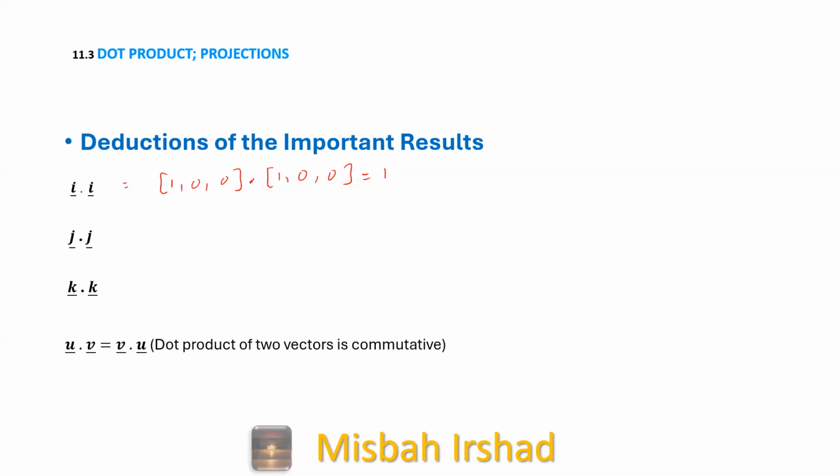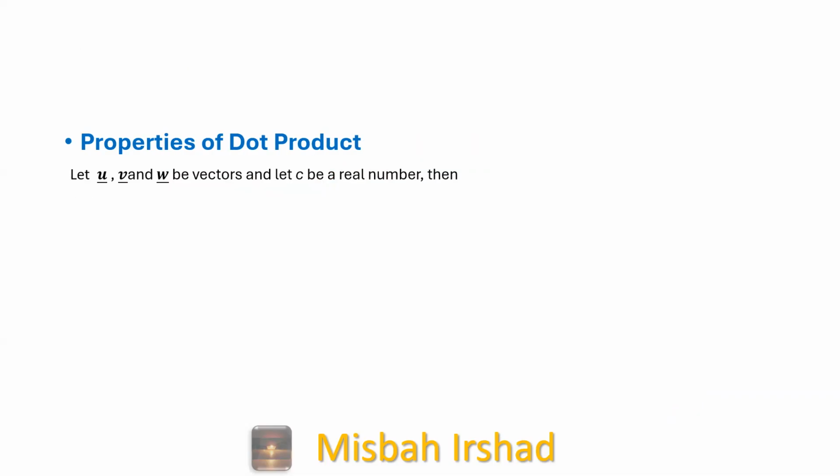We can also conclude that the dot product is commutative. u dot v is equal to v dot u because the angle will remain the same. There are a few properties of the dot product. If we have three vectors u, v, w and c is a real number, then u dot v is 0 implies either u is 0 or v is 0.